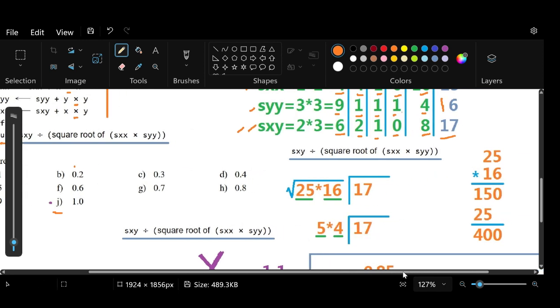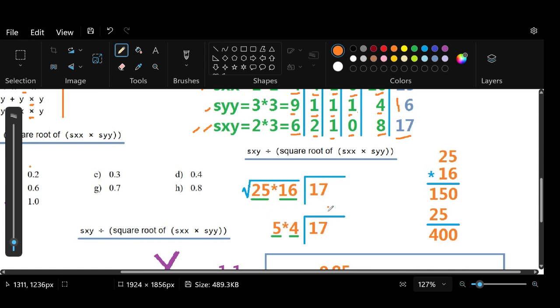So if we are to write that down, we have the square root here, and then we have to divide this, which means, for example, 5 divided by 2 would be written like this, because we want to know how many 2's are in the 5. So it has to be in this format: SXY divided by the square root of SXX times SYY.